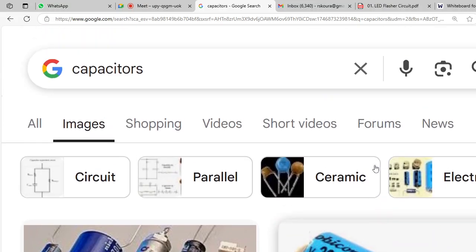First of all, do we know about electricity? Electricity is basically movement of electrons from the negative terminal to the positive terminal. If we have a battery in a circuit, the battery has a negative point and a positive point. The negative point has an excess of electrons and the positive point has fewer electrons.